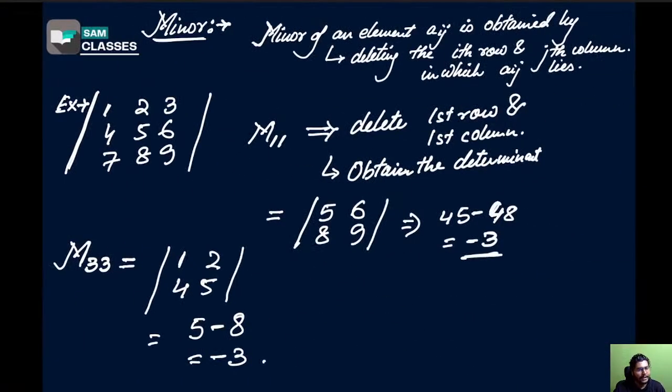Minors, cofactors and adjoint. Till here, any doubts? Are you all able to continue or having difficulty? Honest answer. Oh, you wrote +-2. Correct. Okay. Got it.